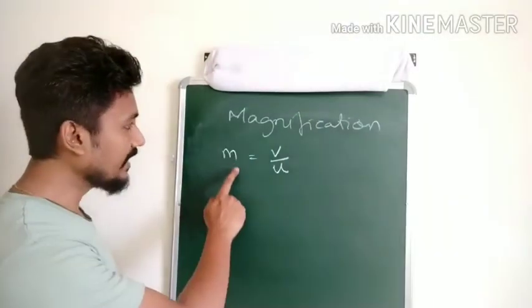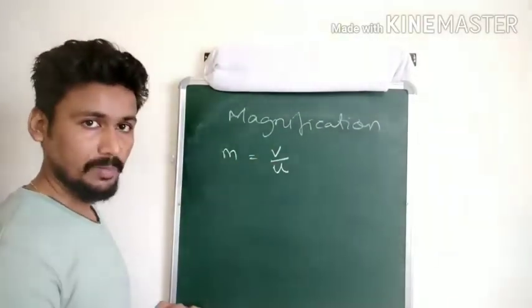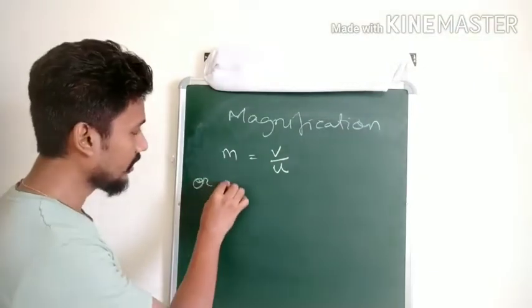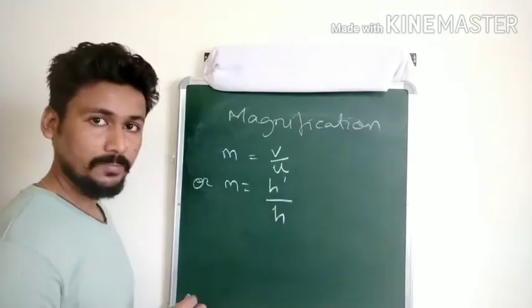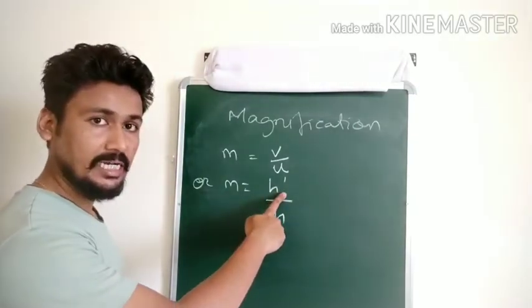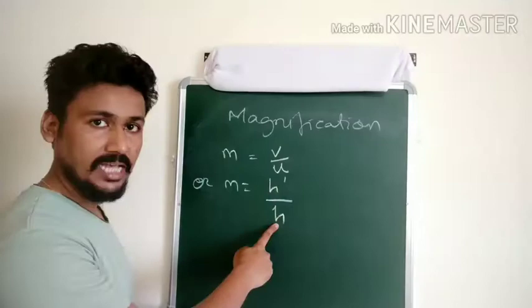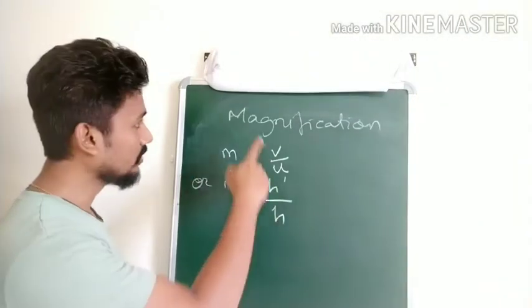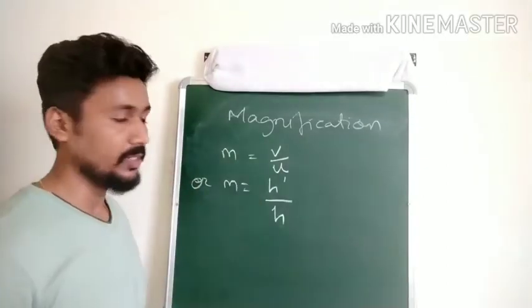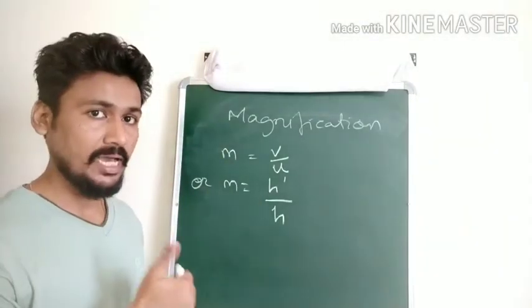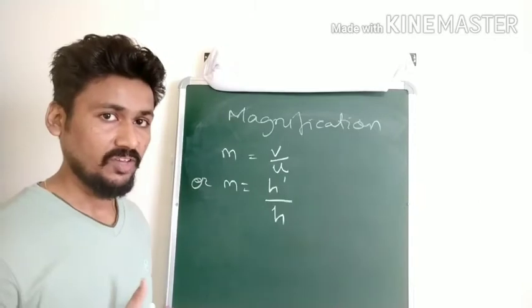In the case of lenses, M is equal to simply v upon u, or we can write M is equal to h dash by h. h dash is the height of the image, h is the height of the object. So that is the formula for magnification. Both these formulas are important, the lens formula as well as the formula for magnification.